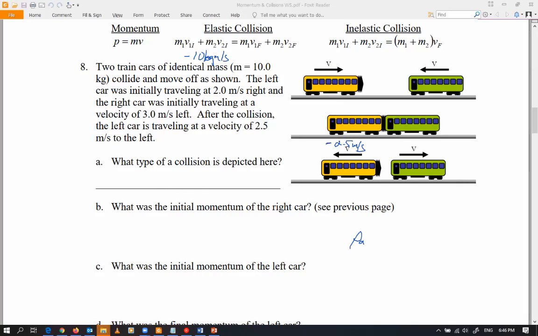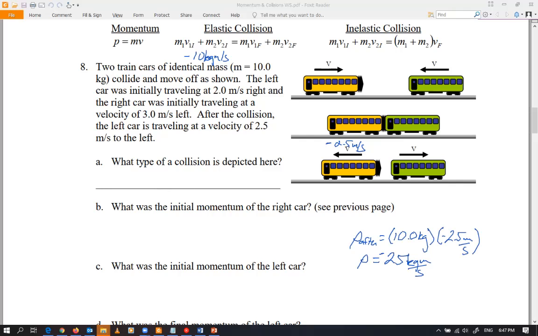So car 1 after is equal to 10.0 kilograms times -2.5 meters per second, which gives us a momentum of -25 kilogram meters per second.